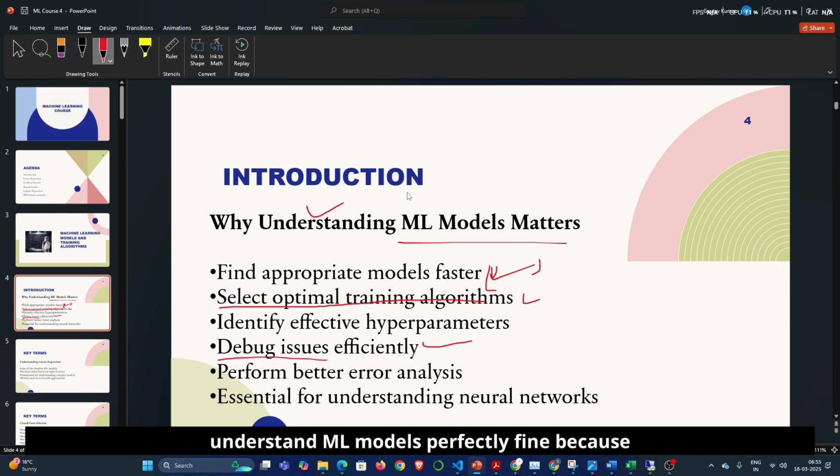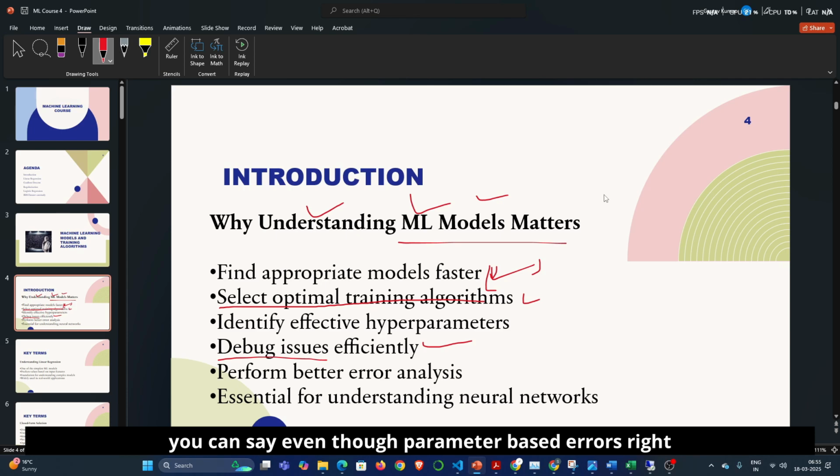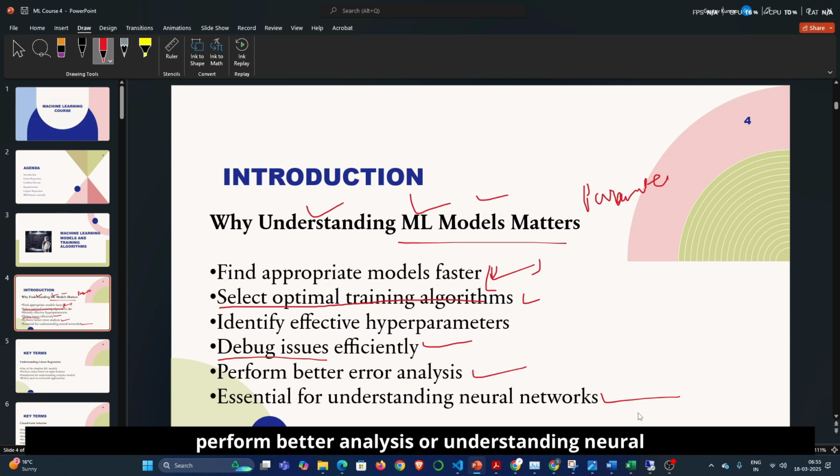So we need to understand ML models perfectly, because there are high chances that some errors are parameter based errors, which can be solved if we have in-depth knowledge about the particular model we are using, right? Perform better analysis or understanding of neural networks.